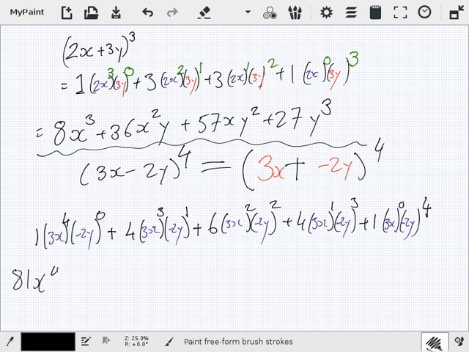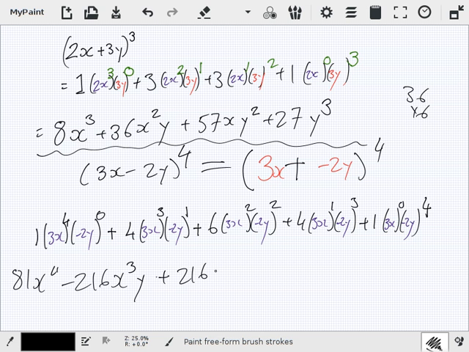Minus 2 by 27 is minus 54, isn't it? Minus 54 by 4 is minus 216. 216x cubed y. 3 squared is 9, minus 2 squared is 4, 9 by 4 is 36. 36 by 6, now hang on, 36 by 6 is 216 with a plus.